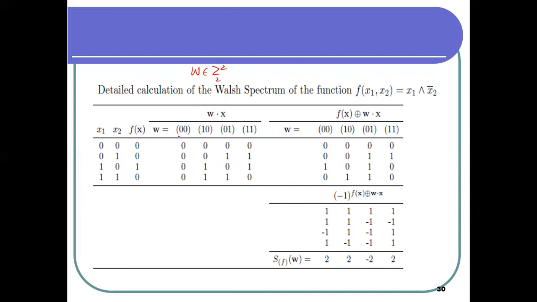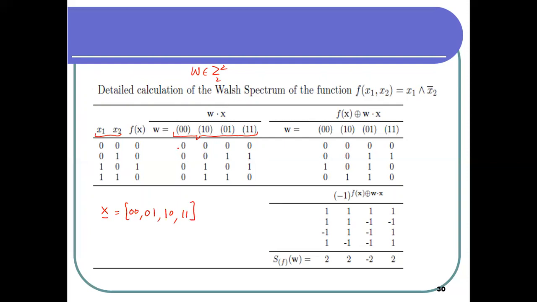I take this as Z2 squared, and this is my capital X: 0, 0, then 0, 1, then 1, 0, and then 1, 1. So this is my X.